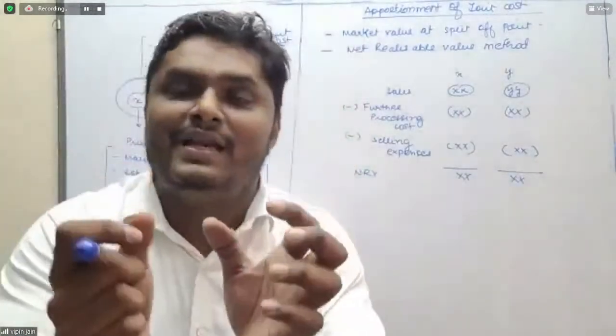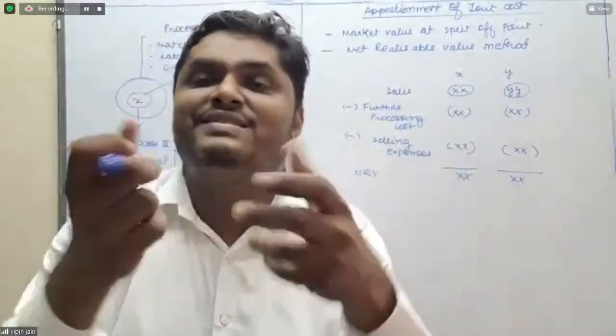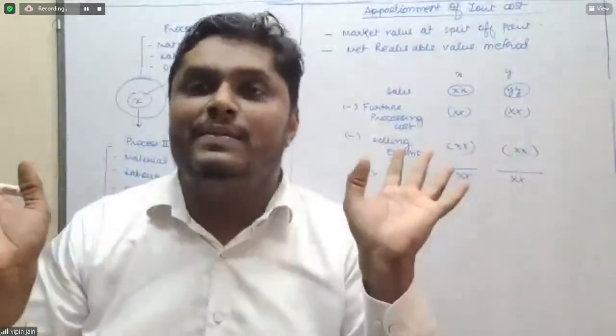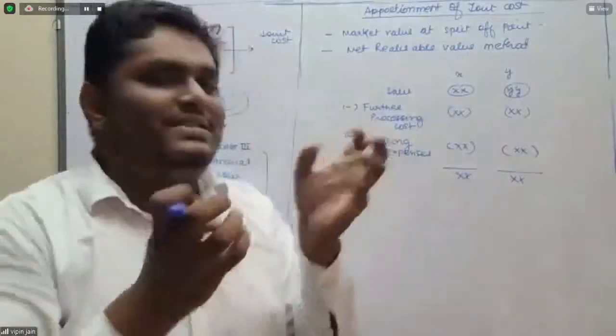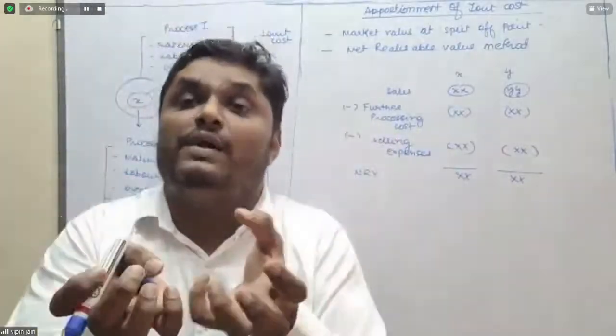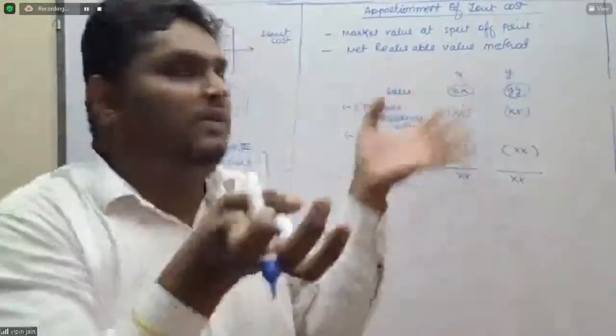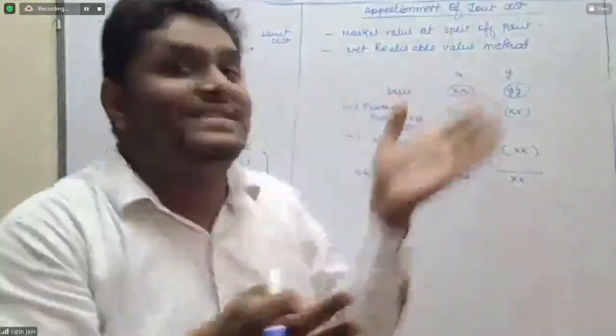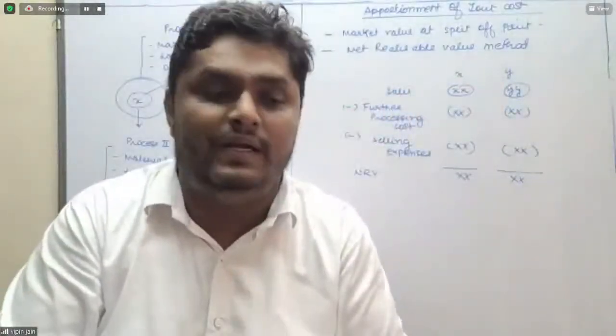The dummy market value at split off point, it's just a name. Nowhere is it mentioned in the study material. In simple terms, it is the net realizable value at split off point.